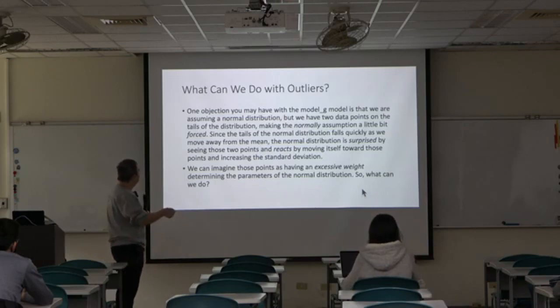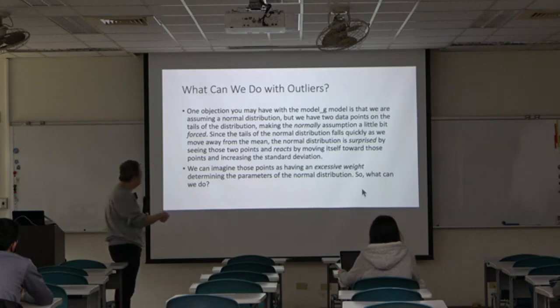So one objection you may have with this model is that we assume the model is a normal distribution, a Gaussian distribution model, but we have these two data points, and they obviously do not look like Gaussian at all, right?